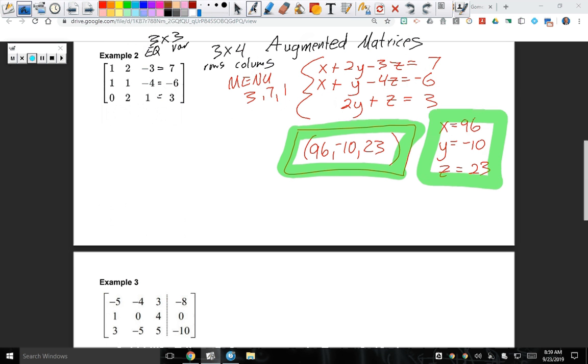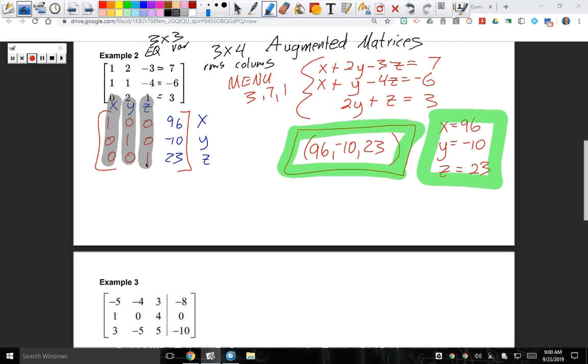Our goal is to get our original matrix to look like this. 1, 1, 1, zeros all around. And then the last column should show 96, negative 10, 23 in this exact order, because our x, y, and z were established like this.